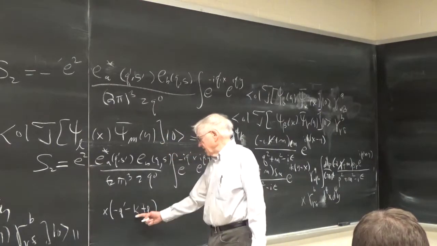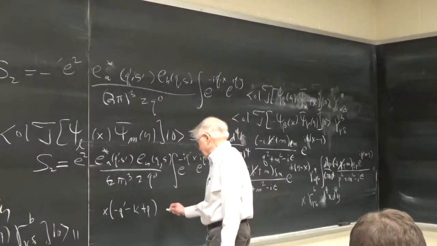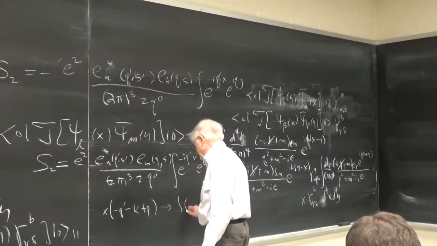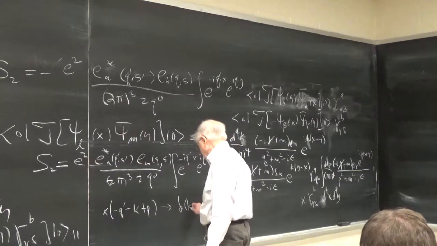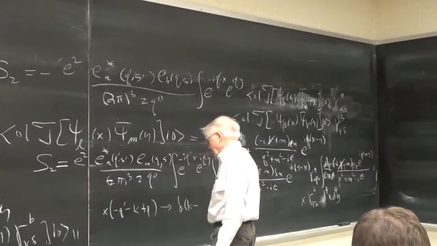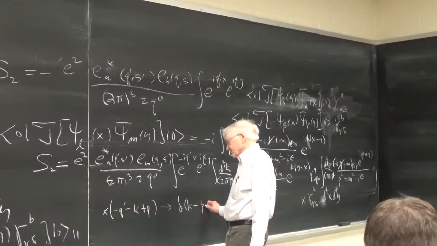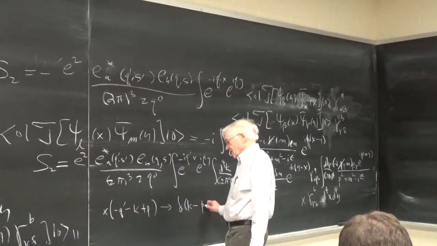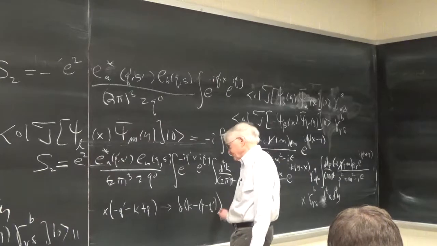We're integrating over k, so that means that this goes to delta of p minus k minus q prime.